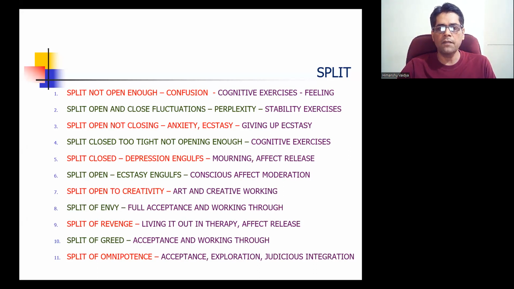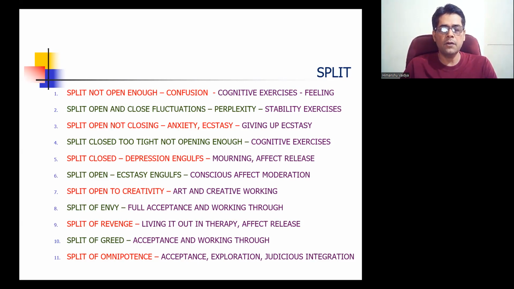Let us start with our first important psychoanalytic concept, the concept of a split. And let us look at 11 instances of the split, 11 different manifestations of split. First, split is not open enough in childhood, and that continues in the adult stage.